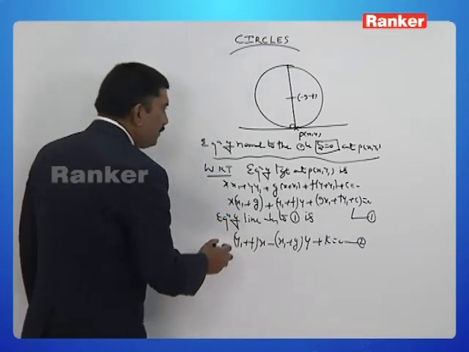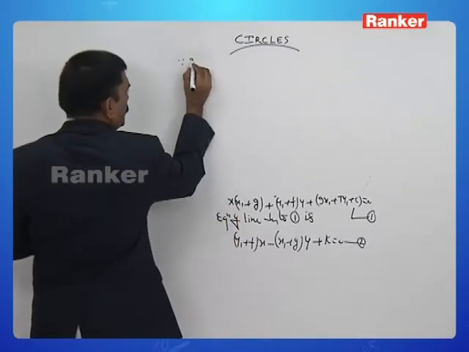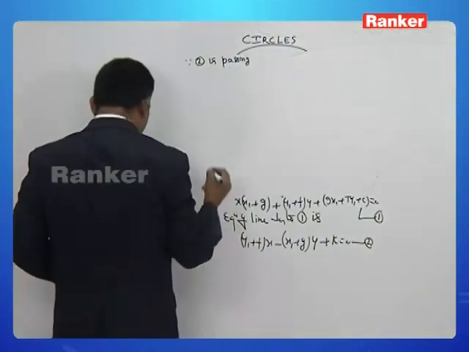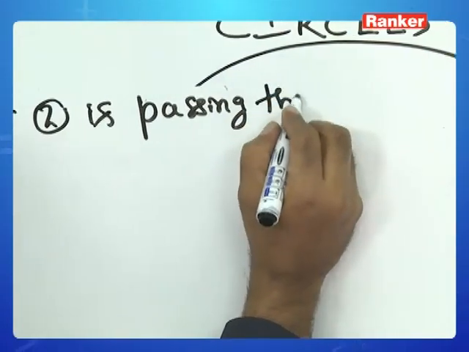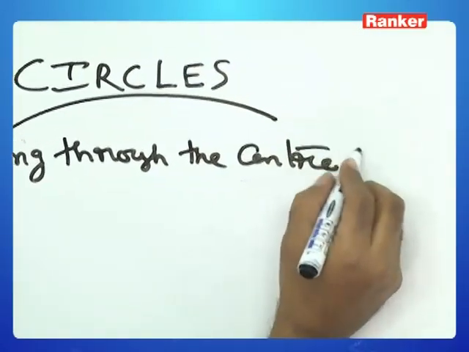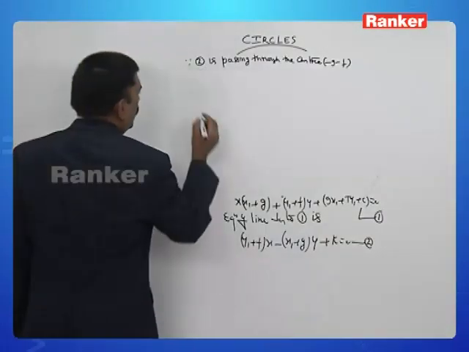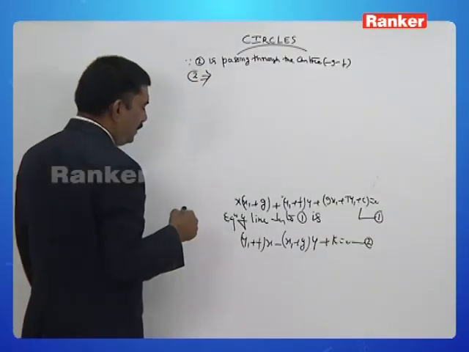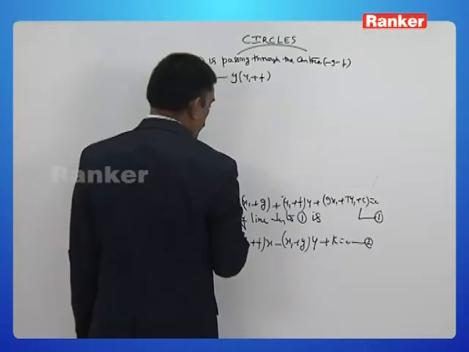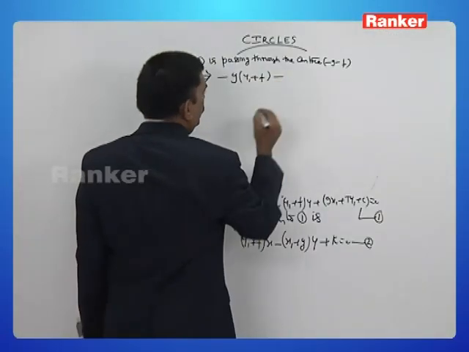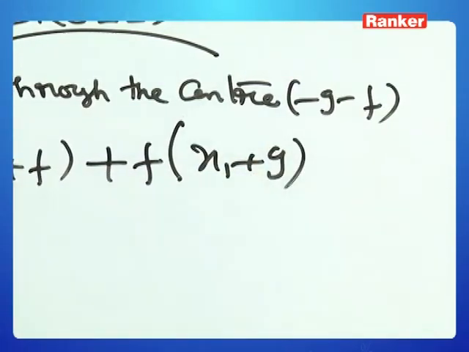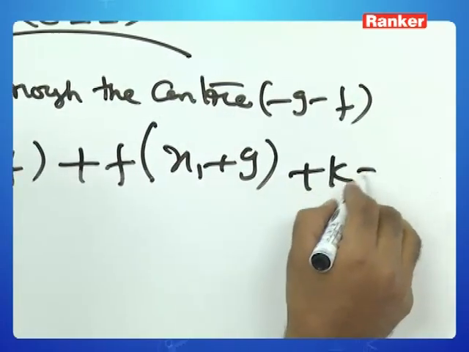So since 2 is passing through the center, minus g comma minus f, therefore 2 implies minus g into y1 plus f, next minus f into x1 plus g, plus k is equal to 0.